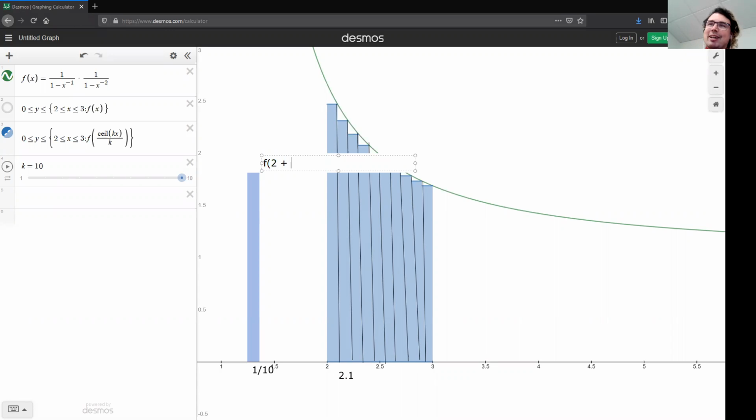Oh, I have a formula for that actually. If I'm moving over by a certain number of tenths, then this rectangle has this height. So an arbitrary one of these rectangles will have width 1/10 and height, the function evaluated at 2 plus k divided by 10.